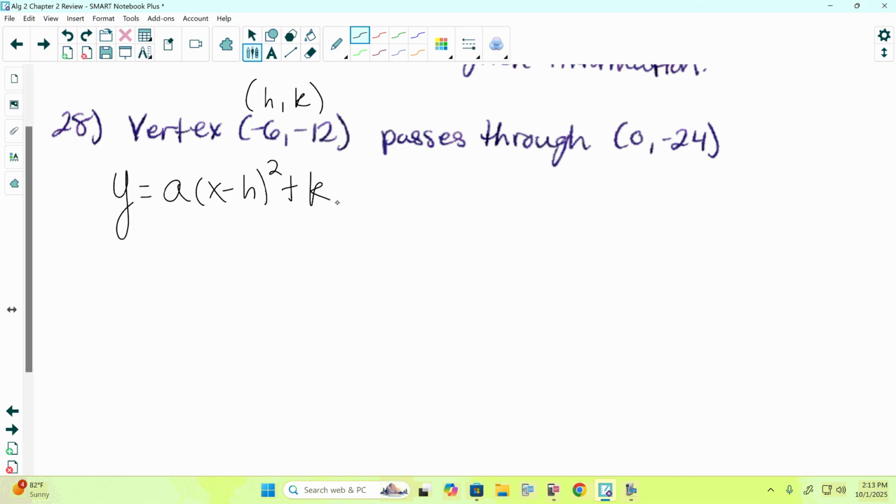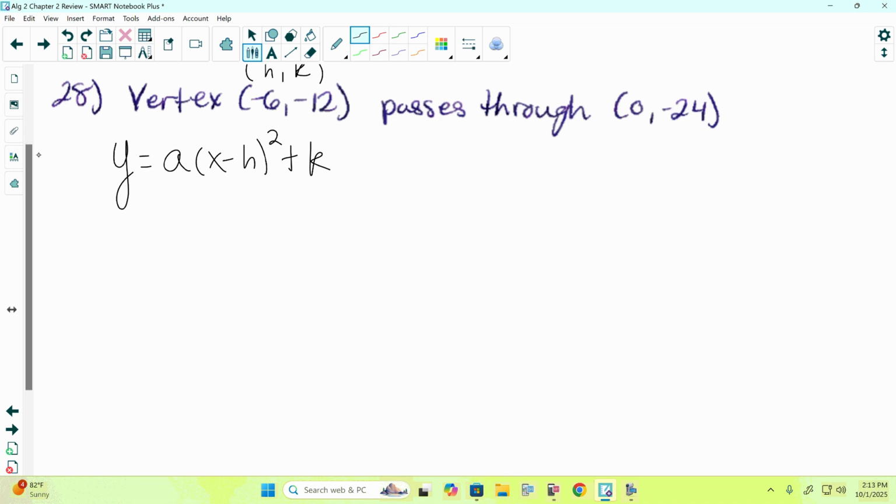The general form for this here is y equals a times x minus h squared plus k. If we plugged h and k in, we'd almost have the entire equation. Our x minus negative 6 is the same as x plus 6. Our plus negative 12 is the same as minus 12.